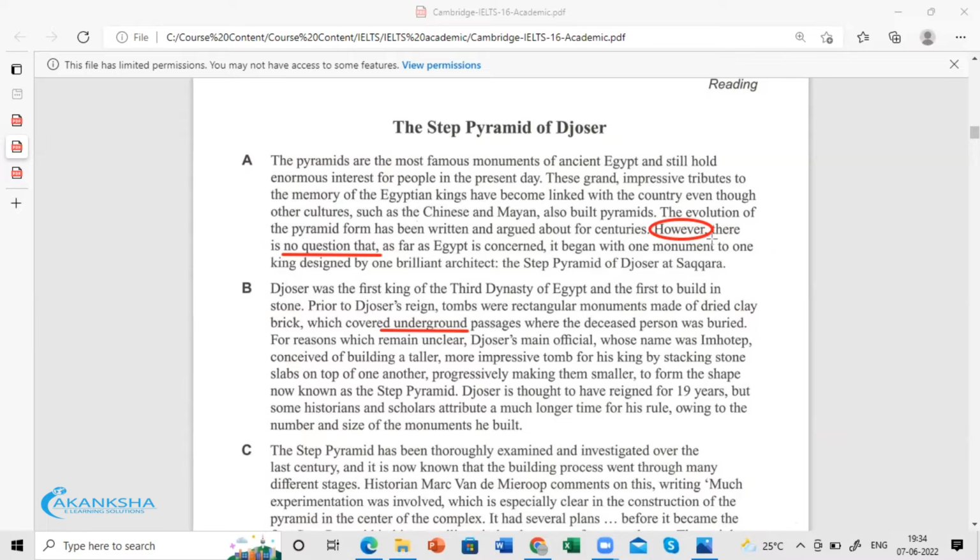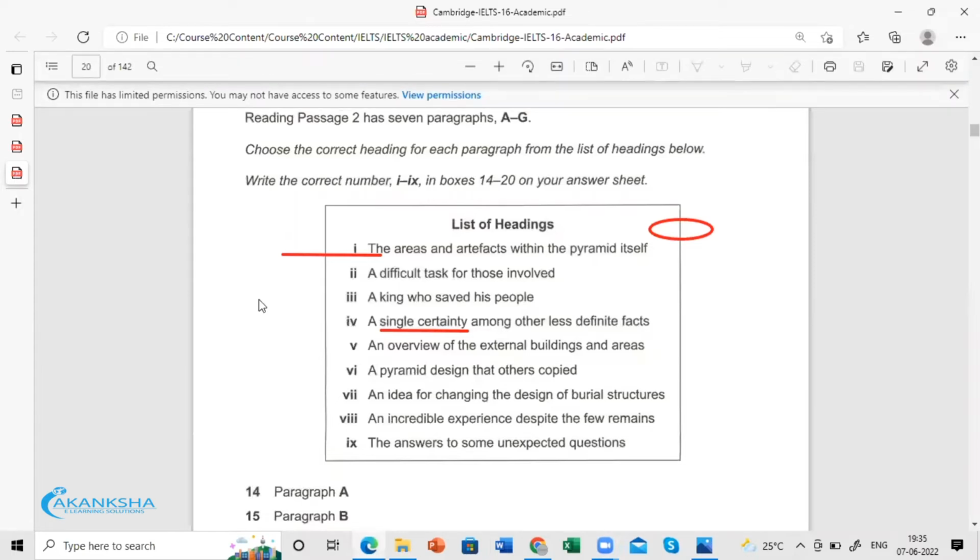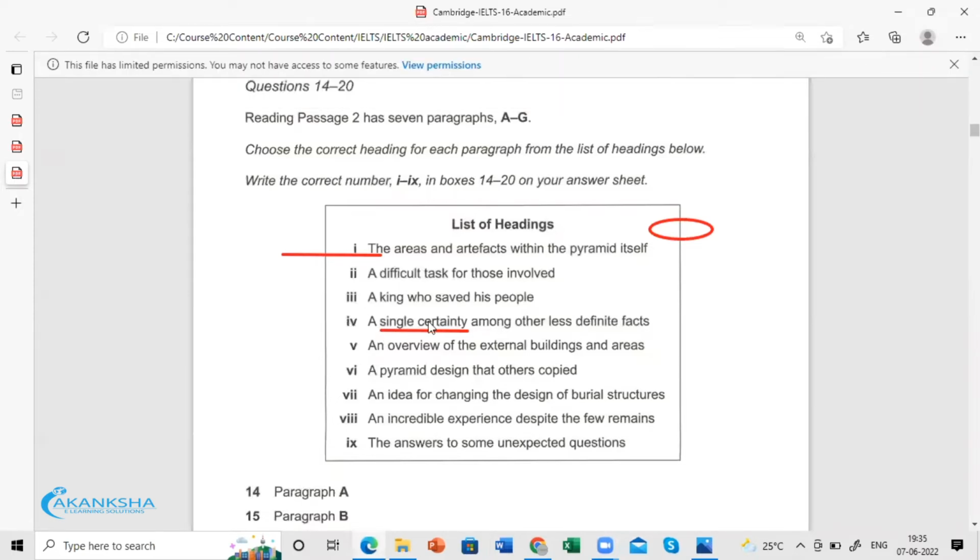Now, the first one, we can say that they are discussing option four, single certainty among other less definite facts. And in order to confirm, you can go through the other options as well to check whether any of them match.